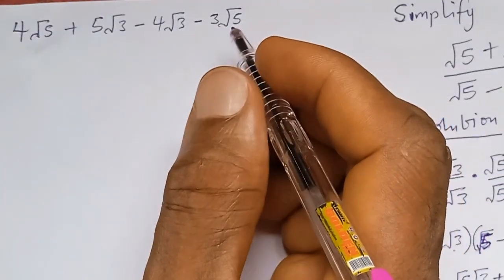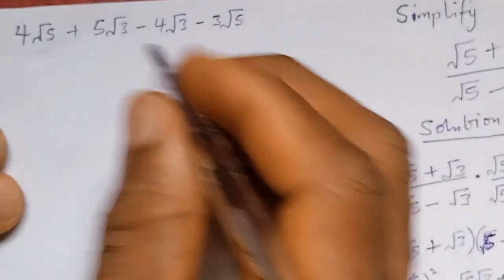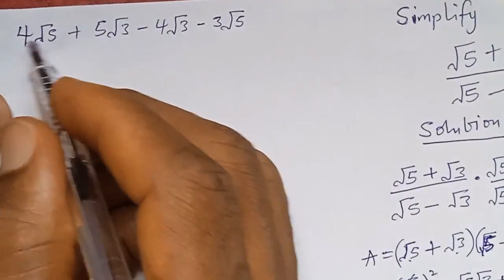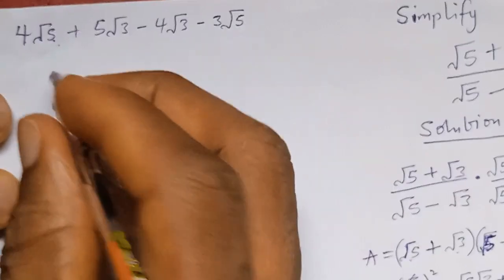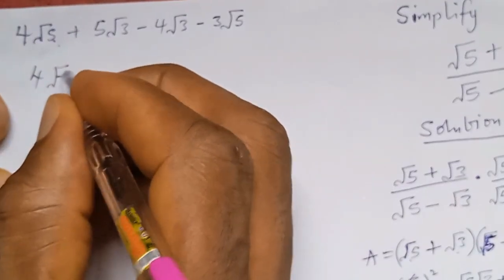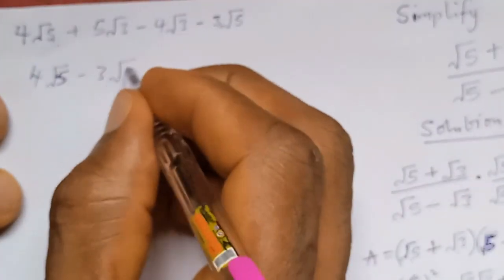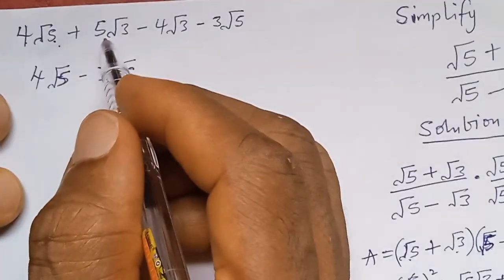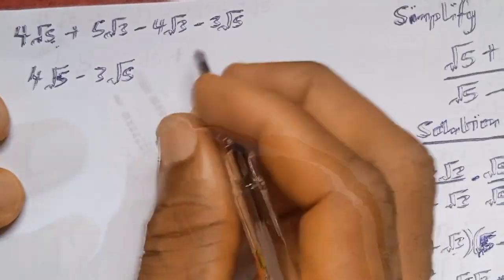So we can further reduce this by putting the like terms together. So 4 square root of 5 minus 3 square root of 5, plus 5 square root of 3 will also be with 4 square root of 3.